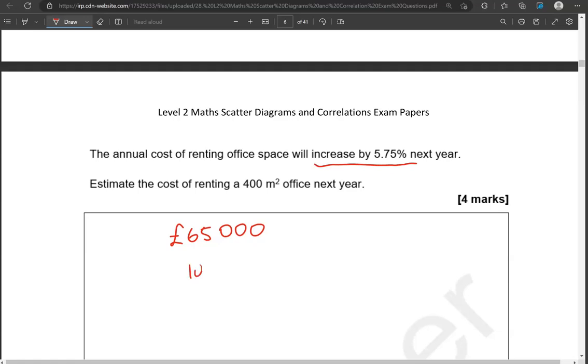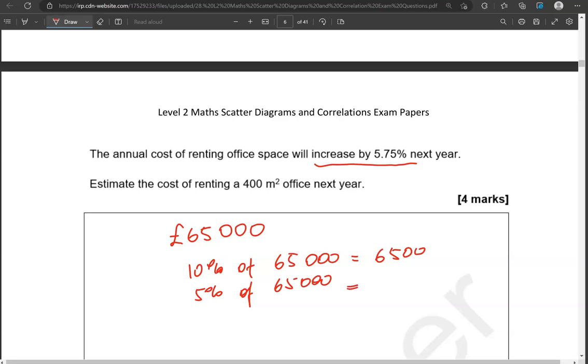So 10% of the 65,000, that is 6,500. So we're knocking off a 0. 5% is half of that.